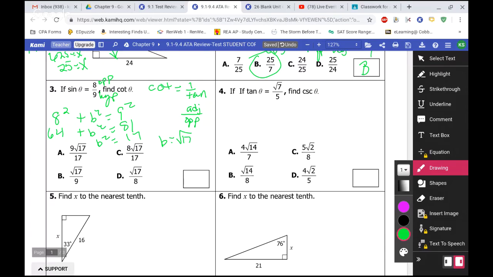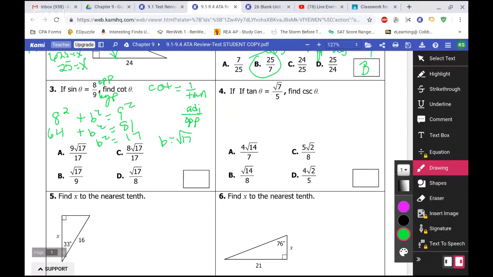So if we're putting in adjacent over opposite, you want to draw your little triangle, which I'm looking for room.